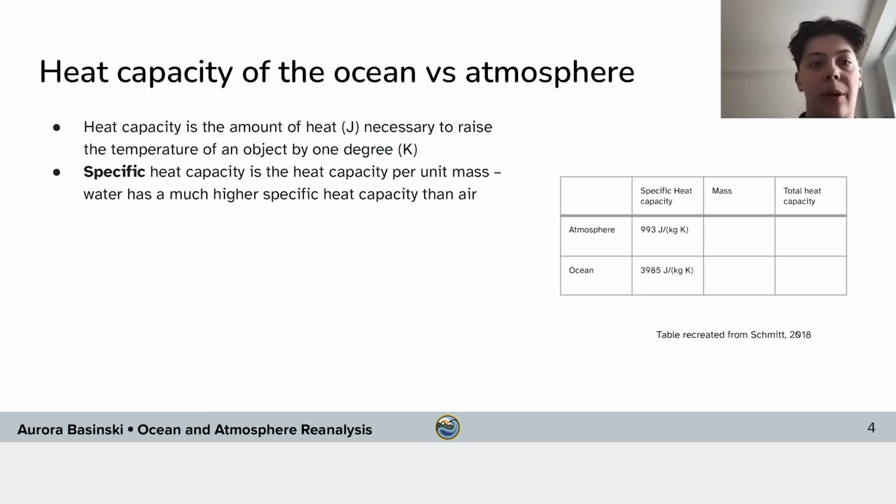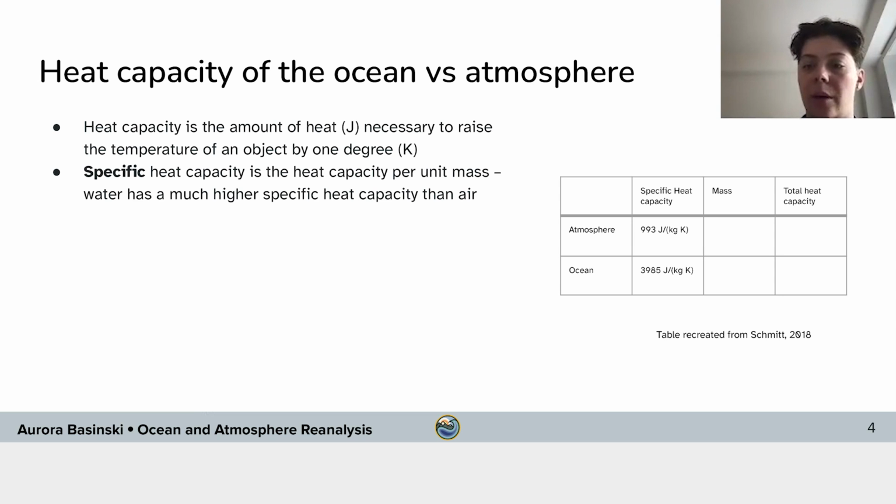Let's talk more about what we mean when we say that the ocean can hold more heat than the atmosphere. We can define a quantity called the heat capacity, which is the amount of heat in joules that's necessary to raise the temperature of an object by 1 degree Kelvin. We can also talk about the specific heat capacity, which is the heat capacity per unit mass.